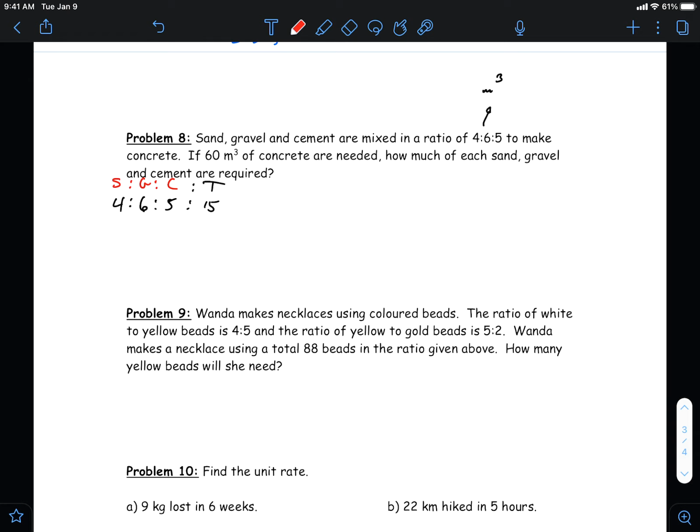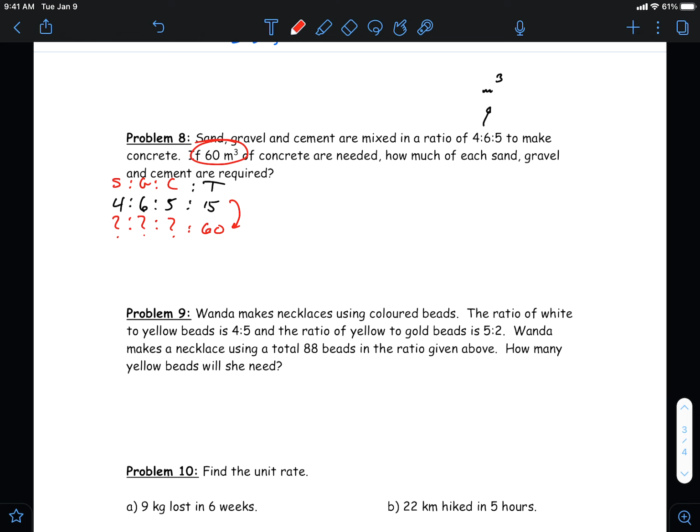So I'm saying, underneath, if we need 60 meters cubed in total, question mark, how do I get from 15 to 60? Yes, Merck? That's what I would say.